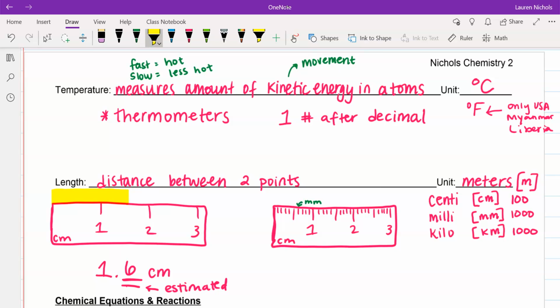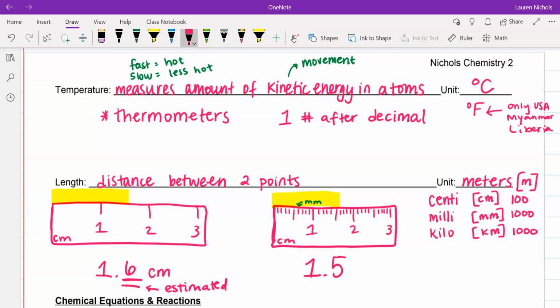So if I have my yellow thing and now it goes to there, we can say, well, I know for sure that it's bigger than 1. And I also know for sure that it's higher than 1.5, but it's not quite touching 1.6. Well, then I could say if I left it at 1.5, that would be incorrect.